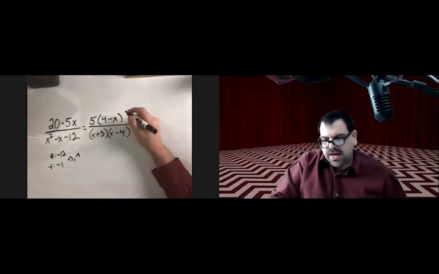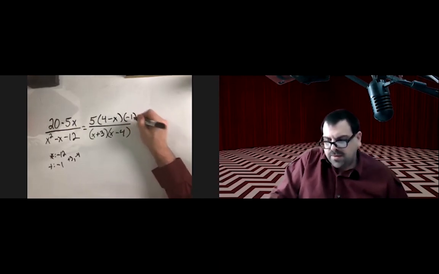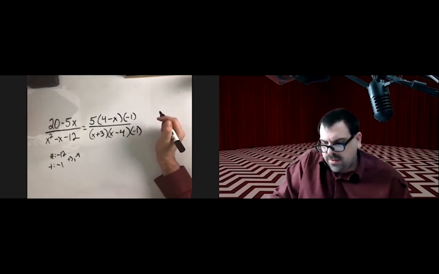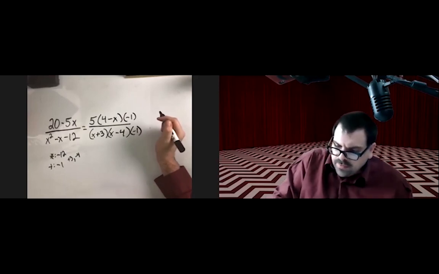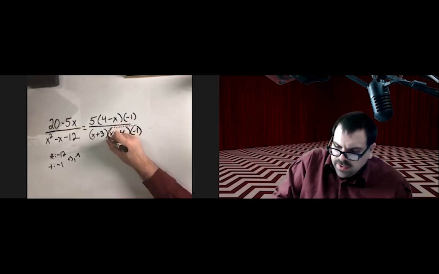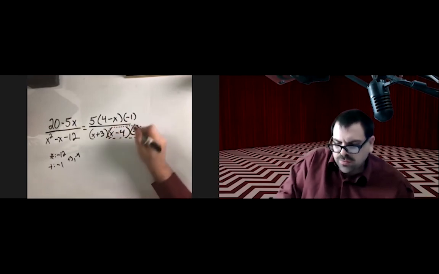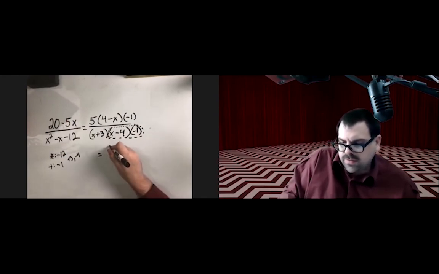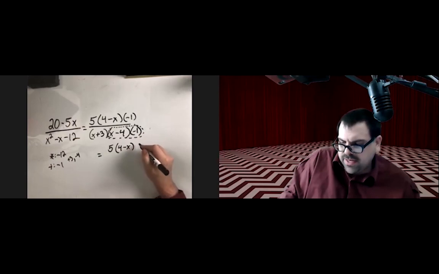If I multiplied top and bottom by negative 1, but only actually multiplied one of them out, that leaves me with the 5 and a 4 minus x and a negative 1 on top.